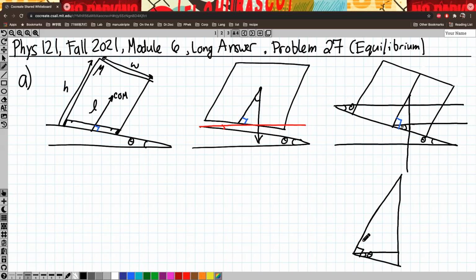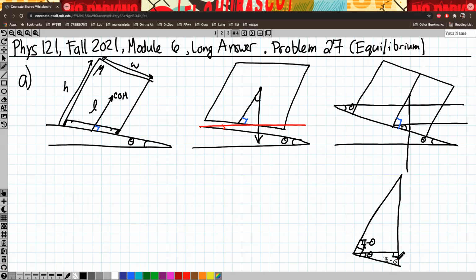This is pi by 2 minus theta. And therefore, that angle at the bottom right is also pi over 2 minus theta, because you could form a small right angle triangle down there, and that equals pi when you add up all the angles of that triangle, if you use pi over 2 minus theta.